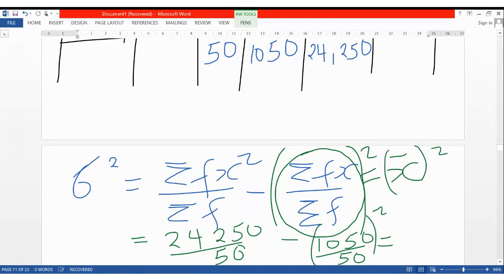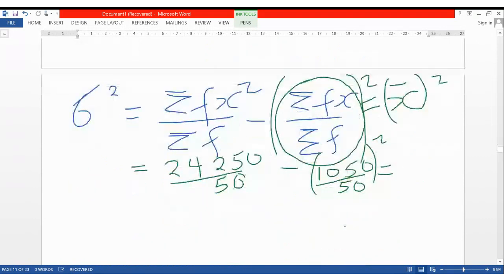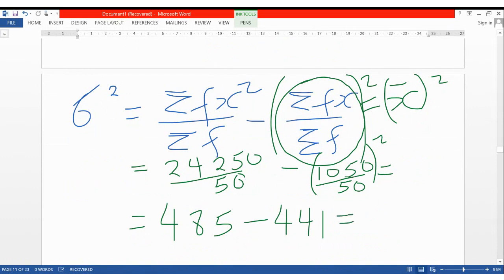I'm getting 485. Then I get the mean, 1050 divided by 50, then I square it. I'm getting 441 minus 485. So yeah, I'm getting here 44.